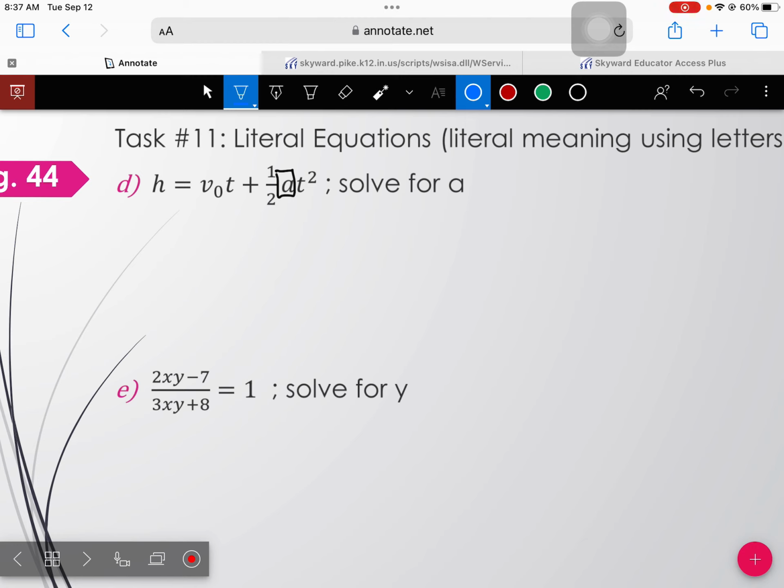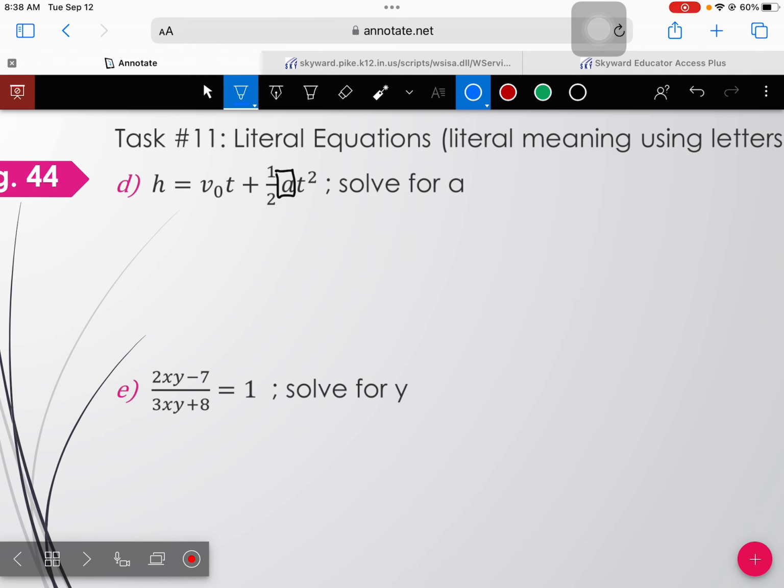I am going to move this term. It is a positive term and it is being added, so to move it, I am going to subtract. This is what I would do first. Okay, so V sub 0 T. There are different ways to do it. And we'll take a look maybe at someone else's in a minute.